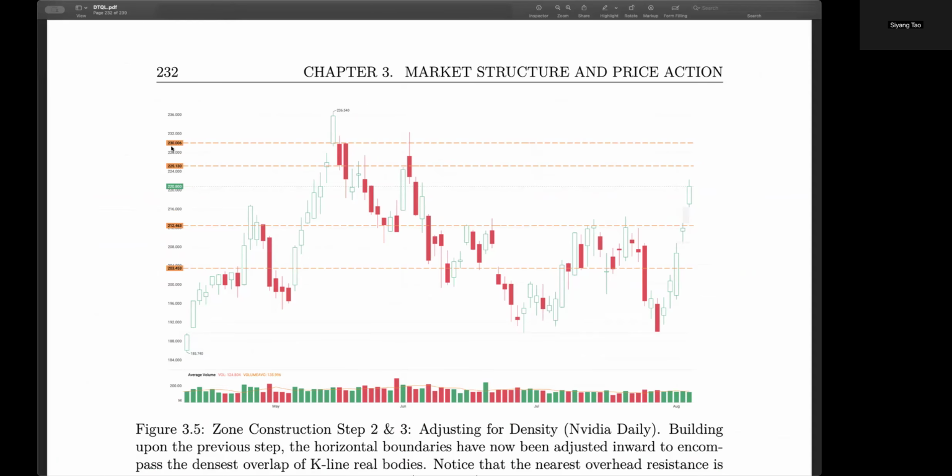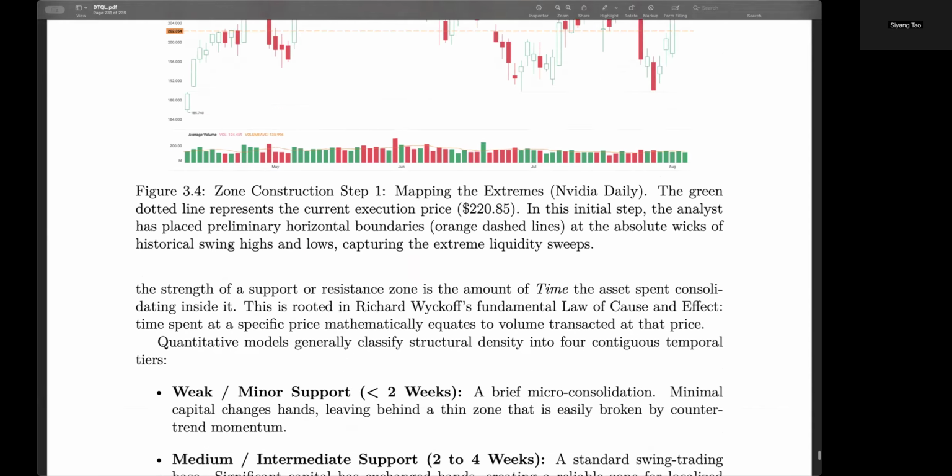But we intentionally ignore the decimals and round it to, for example, 203, 212, 225, and 230. This is our rule of psychological integers.